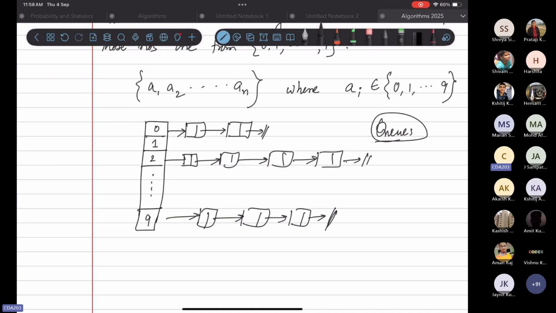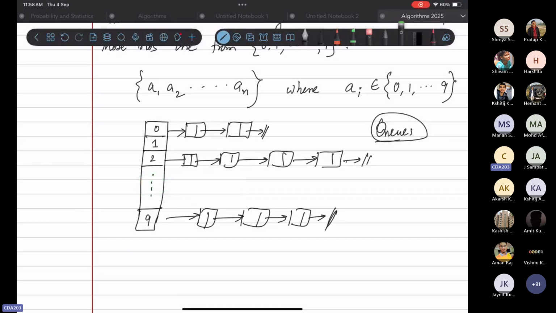How much time would you take to put all these numbers into one of these lists? Here, I will just check the numeric value of each number, and I can straight away go to that particular queue and insert there.